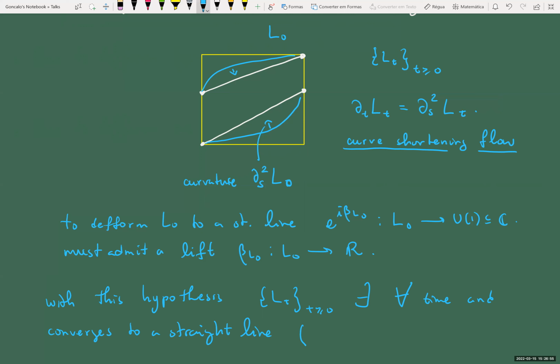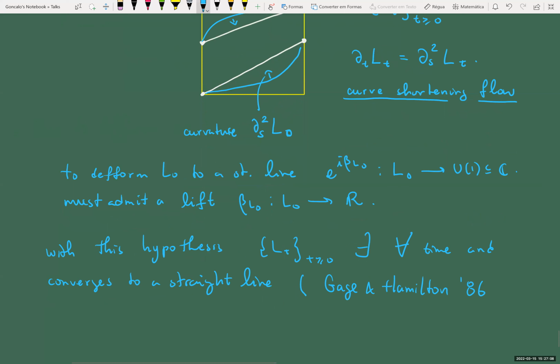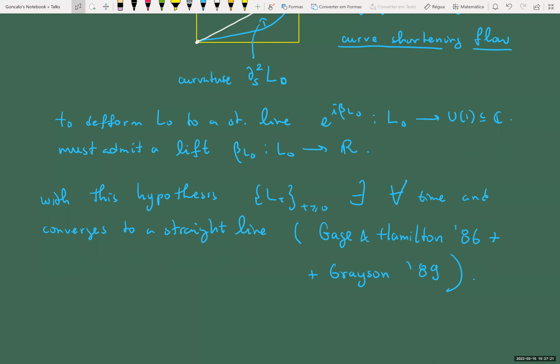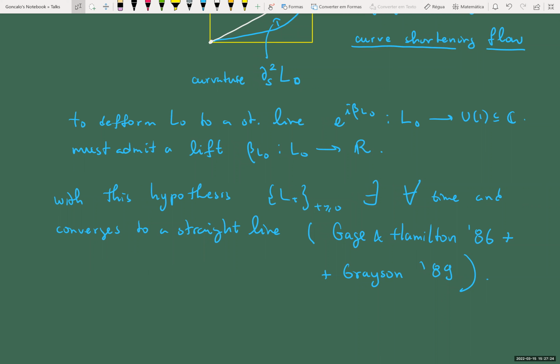This follows from work of Gage and Hamilton in '86, plus the work of Grayson. The work of Grayson is what really proves this, and Gage and Hamilton set up the stage for Grayson's work. Okay, so this is one of the most important theorems in what's called the curve shortening flow.